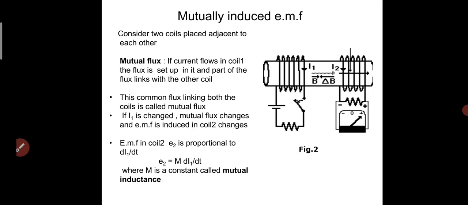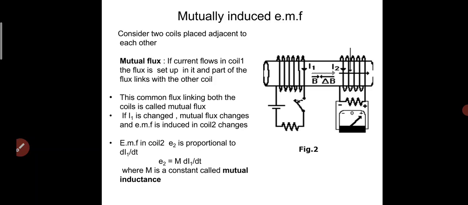Next one, the EMF in coil 2, E2, is proportional to di1 by dt, where M is the constant called mutual inductance.